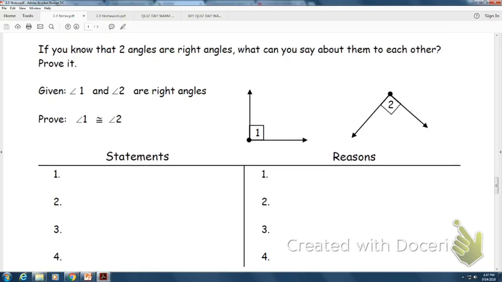If you know that two angles are right angles, what can you say about them to each other? They're congruent. Very good. Angle 1 and angle 2 are right angles. Prove that angle 1 is congruent to angle 2. What is the first thing that goes under my statement and my reason? Given. The given. So what am I writing?